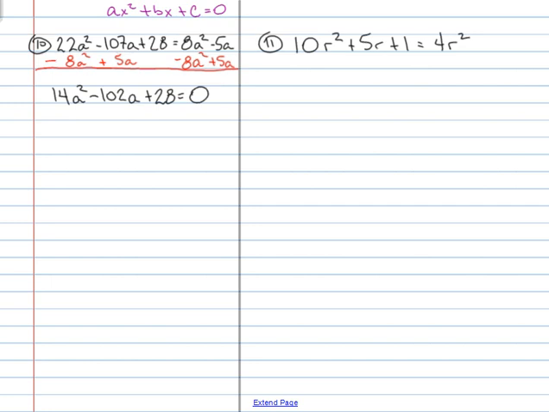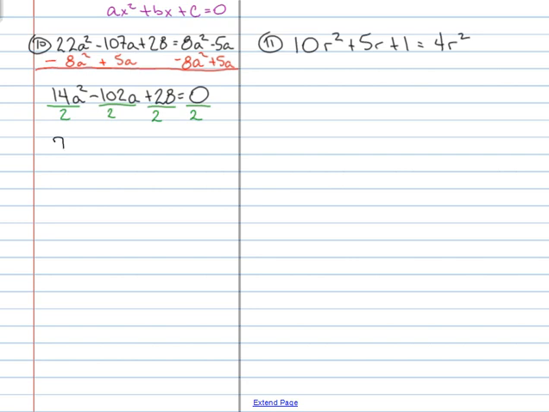At this point, I survey my equation and say, do I have a GCF? Well, I actually do. I can divide everything by 2. So let's go and divide everything by 2. Since I am dividing by a constant with no variable attached, I can just divide each piece of my equation by 2, which reduces my equation to numbers that are more manageable.